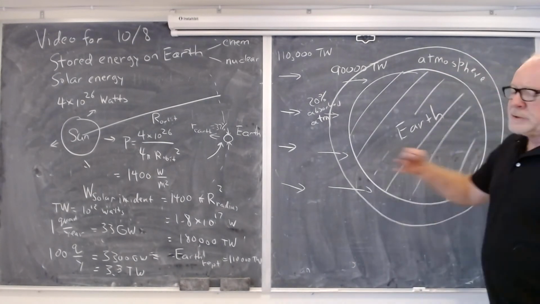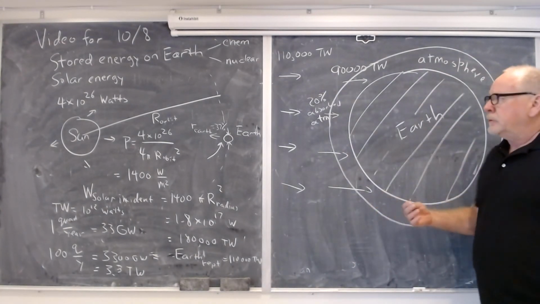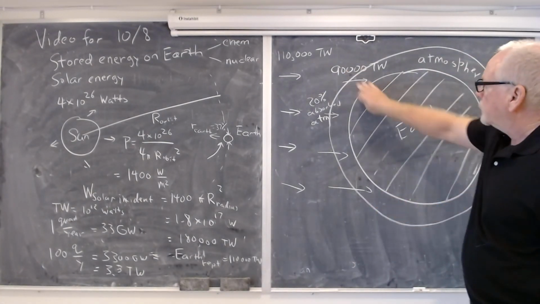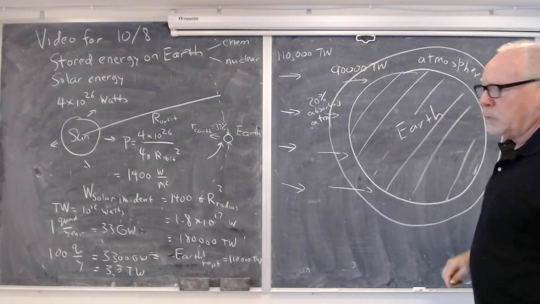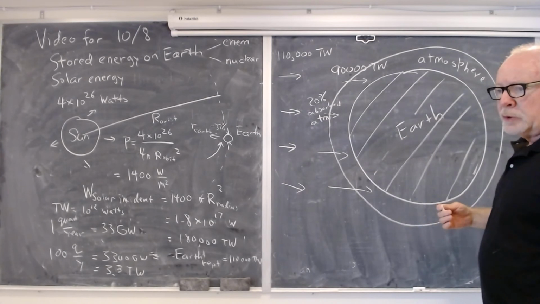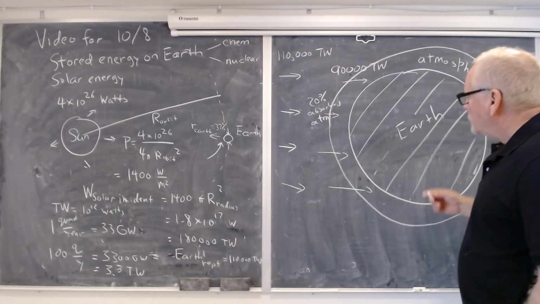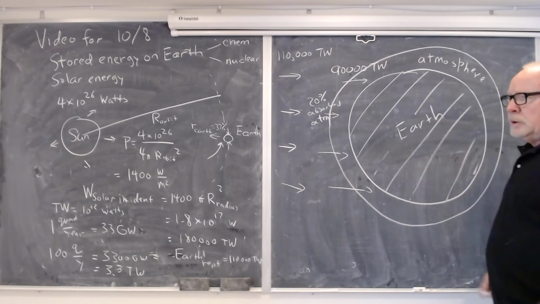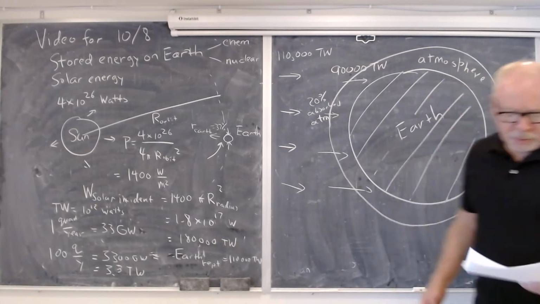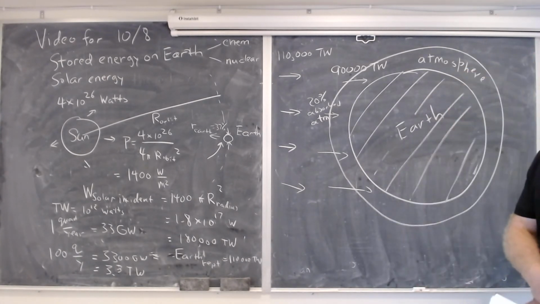Now, there has to be always something called energy balance in any system. And so if we have, you know, continuously 90,000 terawatts incident on the Earth's surface, well, that has to be balanced in some way. And how that's balanced is through infrared radiation. Now, in the notes I discussed black body radiation.